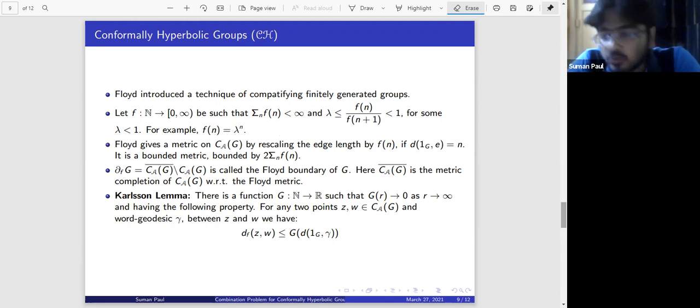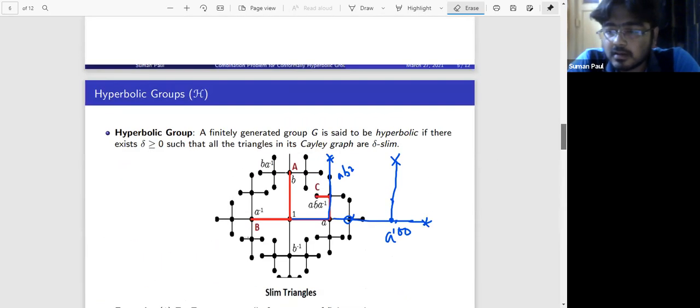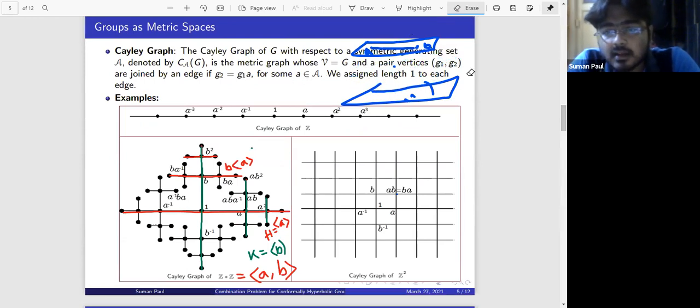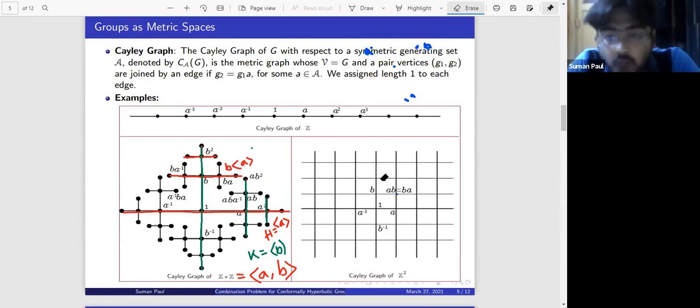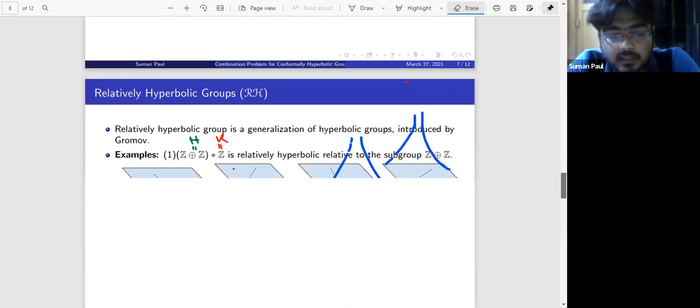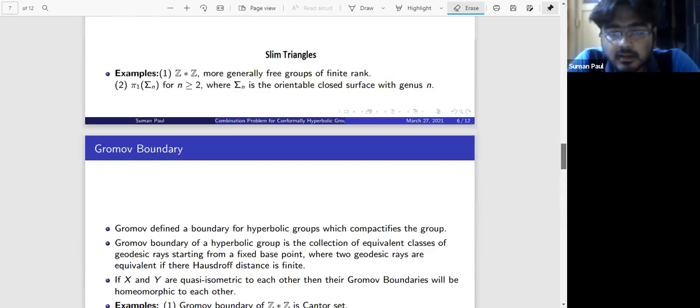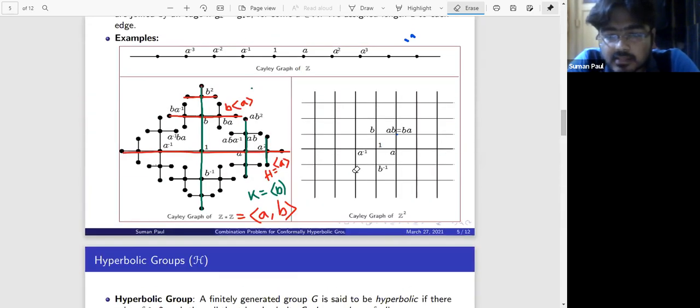Then in the definition of the Cayley graph, we assign length 1 to each edge. But here, we rescale the edge length by f_n if it is n distance away from the identity. So for example, take this Cayley graph.